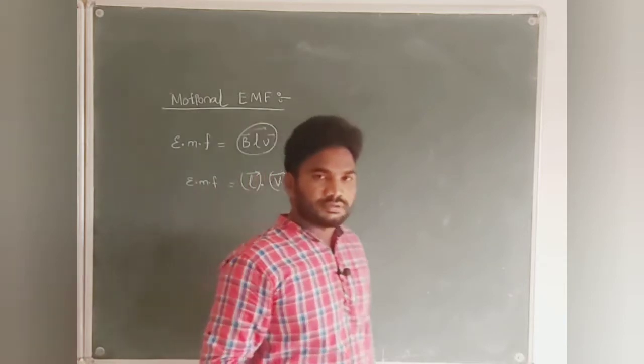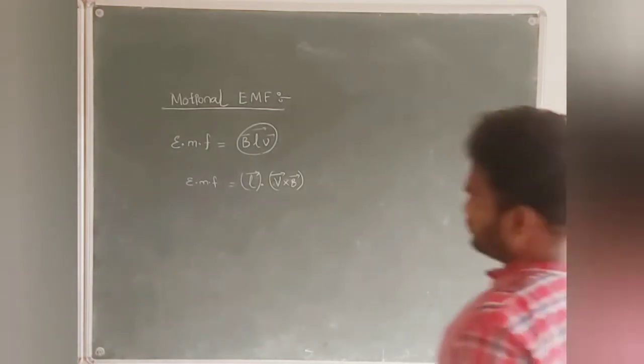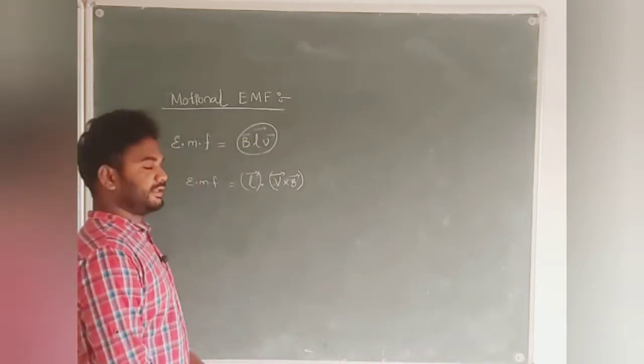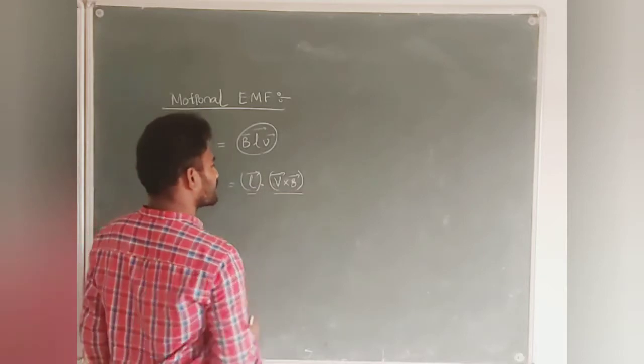Remember this formula, students? Yes, students. So EMF, a scalar quantity, is L bar dot V bar cross B bar.